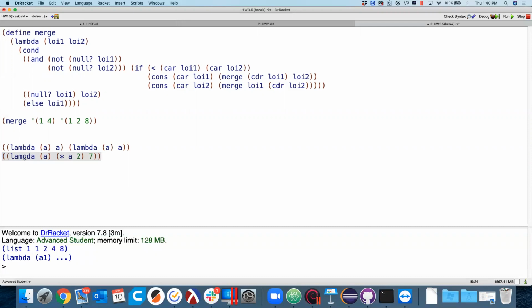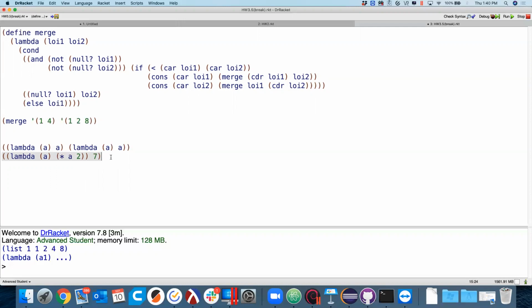I know I misspelled lambda. All right, so this is a list whose first element is a procedure and whose second element is the input for that procedure. So the 7, that's why I would call the list containing two lambda calculus expressions an app expression.